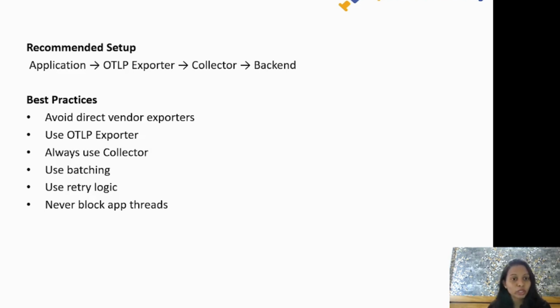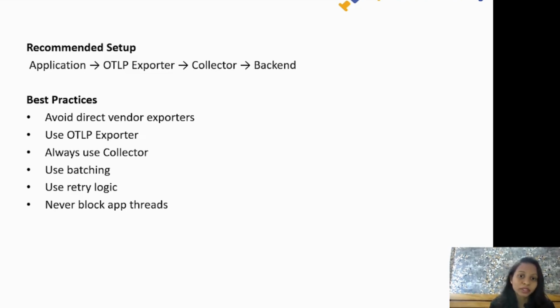Always use collectors. Avoid direct vendor exporters. Enable batching, use retry logic, configure retries, and avoid blocking threads. Never block the app thread. A direct exporter to the backend is okay for demos, not for production. So you should remember this for the best practices for exporters.